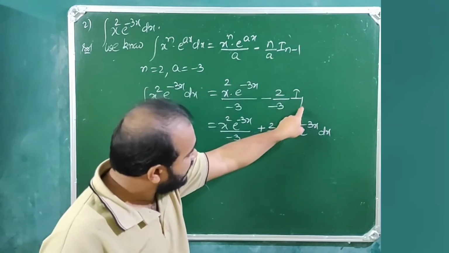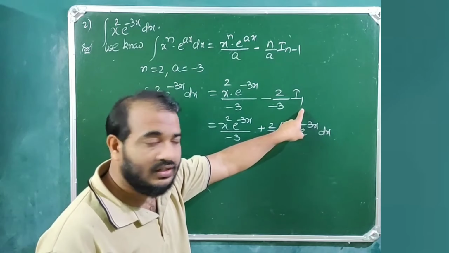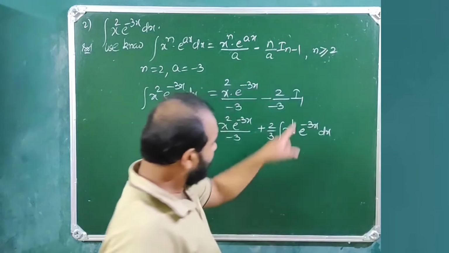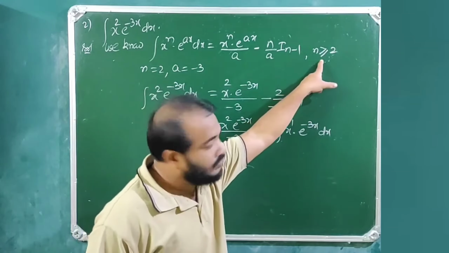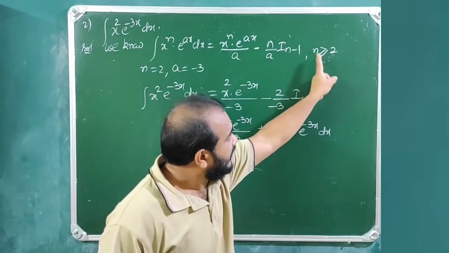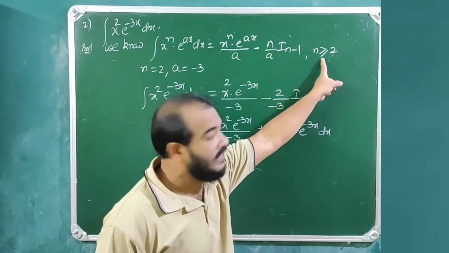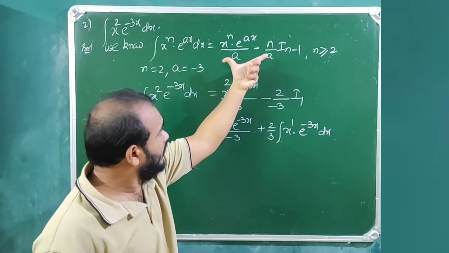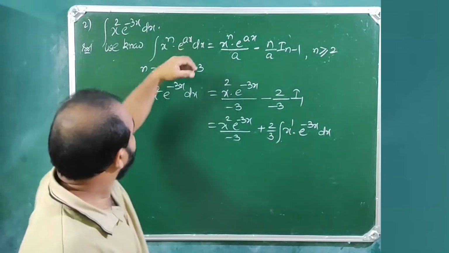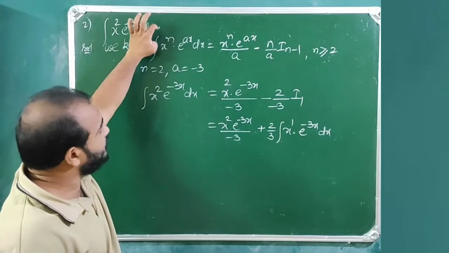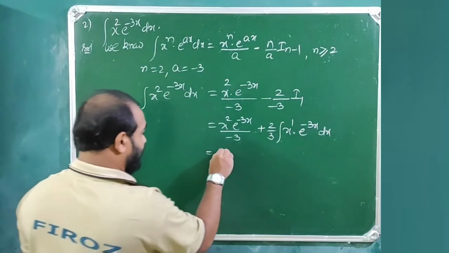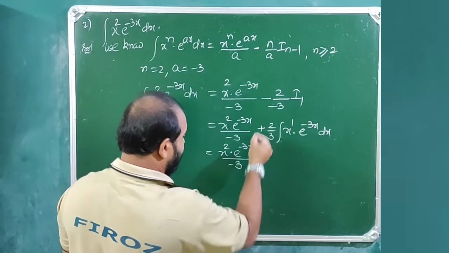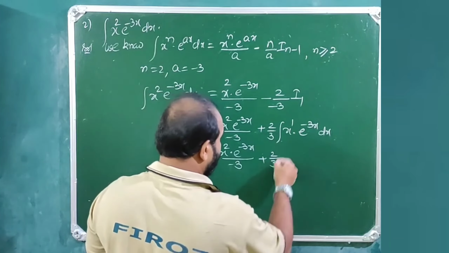This is valid as long as n greater or equals to 2. Since 1 is less than 2, it doesn't hold this inequality, so we are not going to substitute n equals to 1 here. So directly in the given equation we will substitute. So this is equals to x square into e power minus 3x by minus 3 plus 2 by 3.